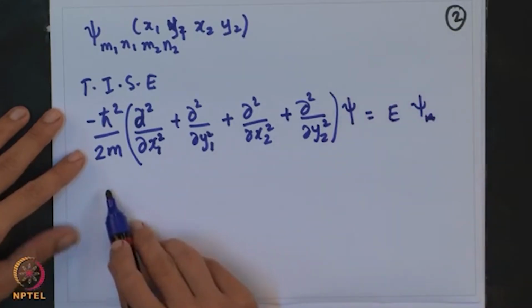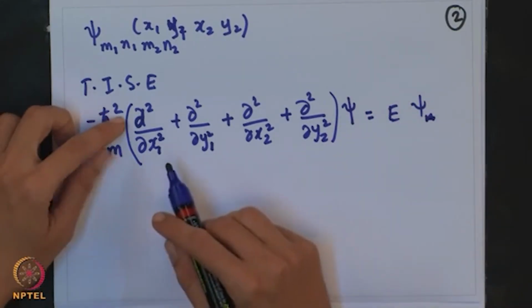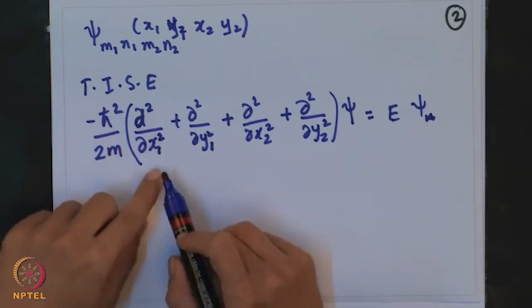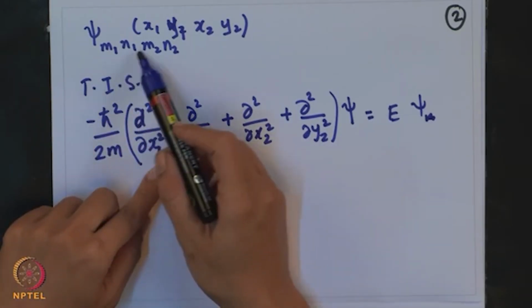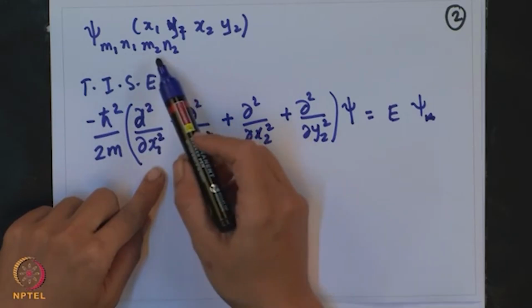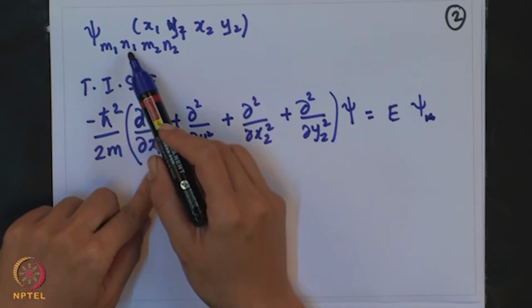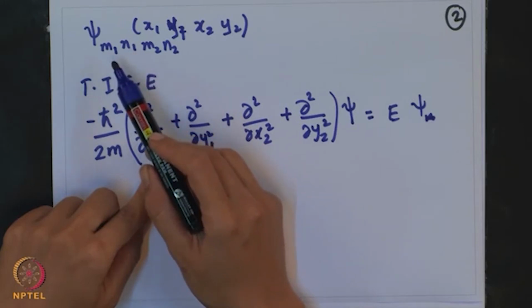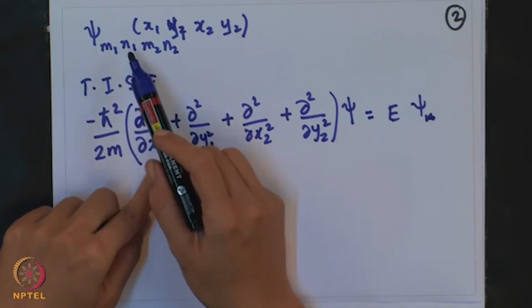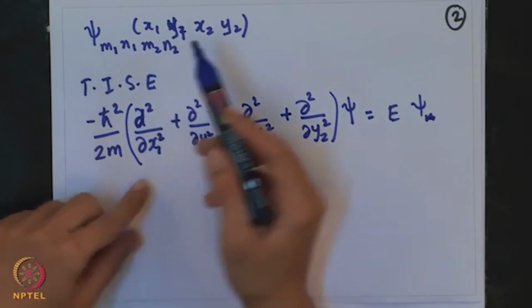Here 1 indicates the first particle, 2 indicates the second particle, and m and n represent the quantum numbers for particle 1 along x and y direction.